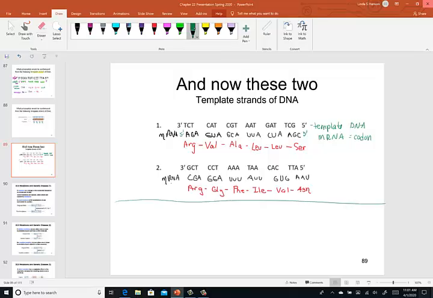The skill here that we're looking at is noticing that we read what's called the template strand of the DNA. From there, you'll be able to build a messenger RNA that contains the codon. You may be asked for the anticodon on the transfer RNA.